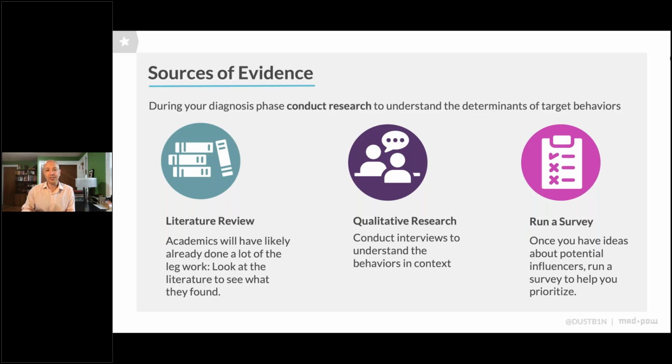When we've got a good sense there of how those two line up and we want to be really sure, we can run a quantitative survey to assess the prevalence or the impact to help us decide which things might matter more than others, which things might be easier to change, which things might have a greater impact on our design. So looking at that at scale in order to prioritize with our population, right?